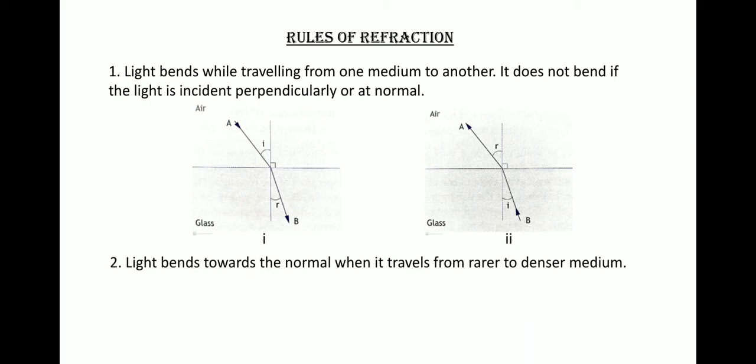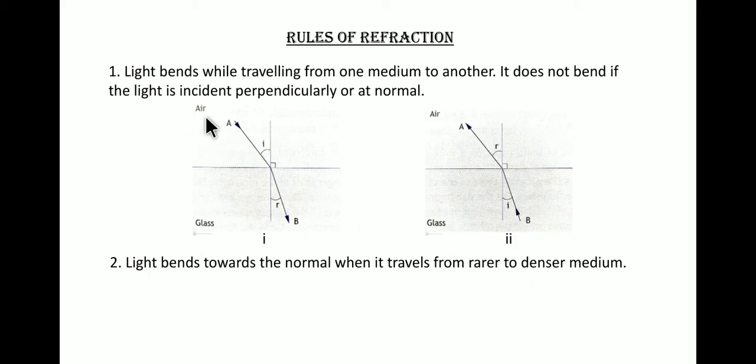Rule number 2 says that light bends towards the normal when it travels from rarer to denser medium. When we are talking about rarer and denser medium, again, air and glass. Compared to air, glass is denser. That means air is the rarer medium. So over here, light bends towards the normal when it travels from rarer to denser.